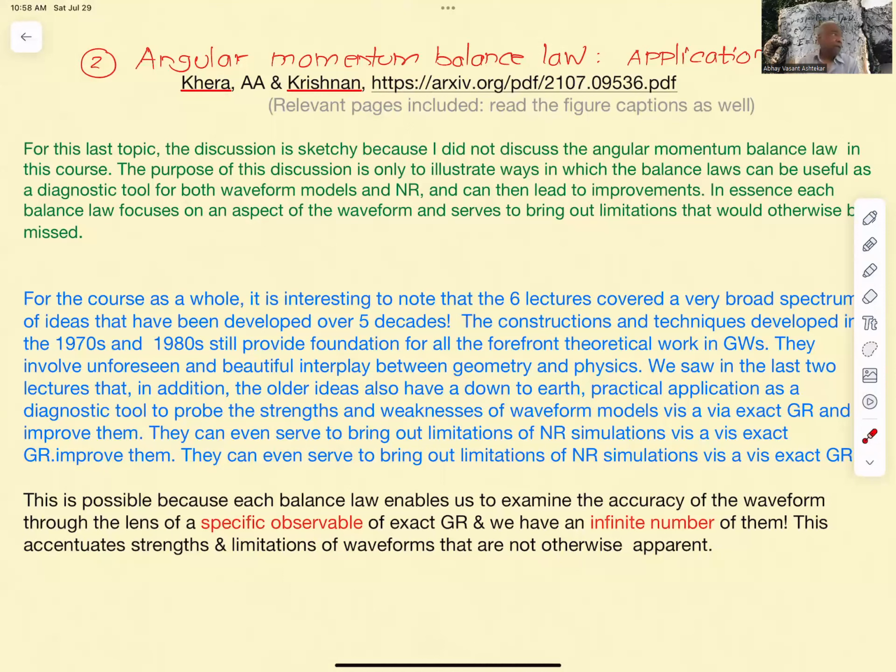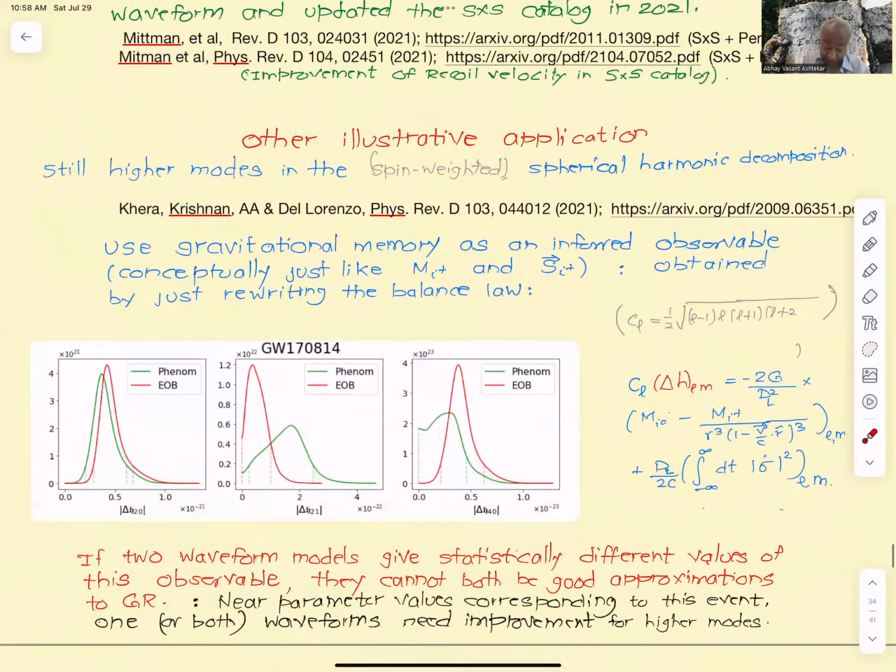Very good. So it's not surgical. It doesn't tell you this is exactly what is wrong. But on the other hand, it is kind of semi-surgical, in the sense that it tells you in which region of the parameter space your model needs to be improved. I already gave this example, right?